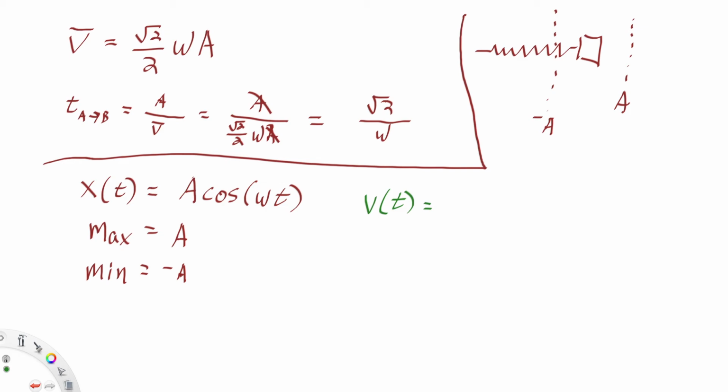Yeah, we take the derivative. We differentiate the function. So v of t is going to be the derivative of x of t with respect to t. Derivative of cosine is negative sine. Then we have to use the chain rule to take the derivative of the argument here. Derivative of omega t is just omega. So we get minus omega A sine of omega t.